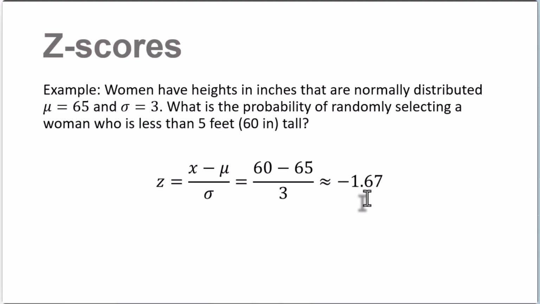So when you calculate z-scores, the way you want to think about them is it's measuring how far away from the mean this data value is in terms of a number of standard deviations. So this is between 1 and 2 standard deviations below the mean. That's what a 60-inch tall woman would represent.